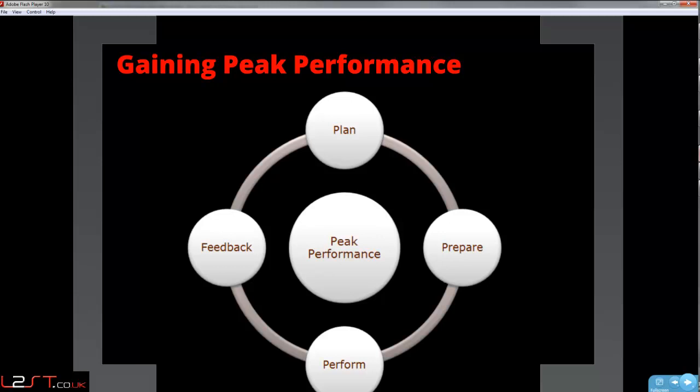Now, let's talk a little bit more about how you move forward and how you help put yourself in a place where you stand the greatest chance of success, and in a place where you will gain peak performance. As I said yesterday, trading is very much like playing a sport.